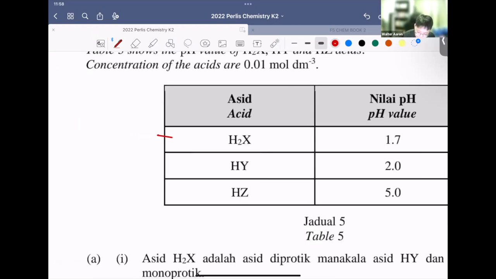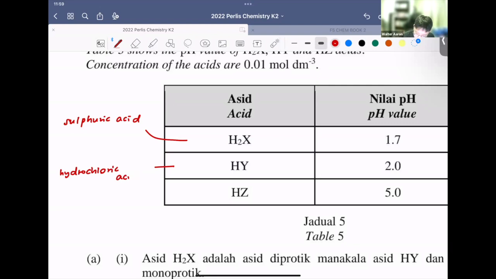Diprotic and also strong. So therefore, this will be sulfuric acid. This is referring to H2X. And then HY will definitely be hydrochloric acid, if you like, because it's a monoprotic acid, but strong.